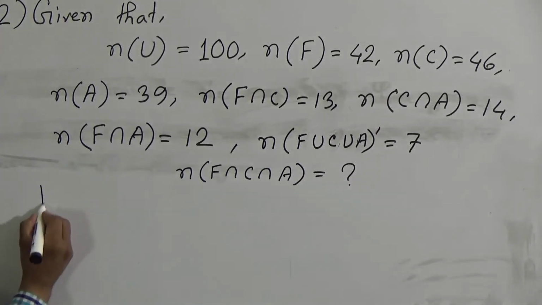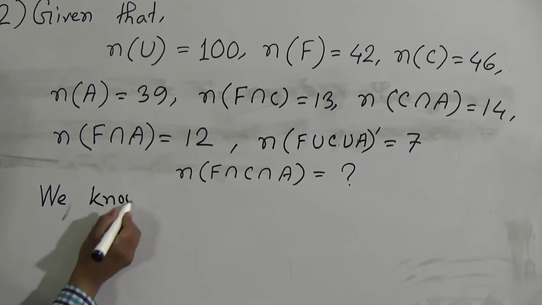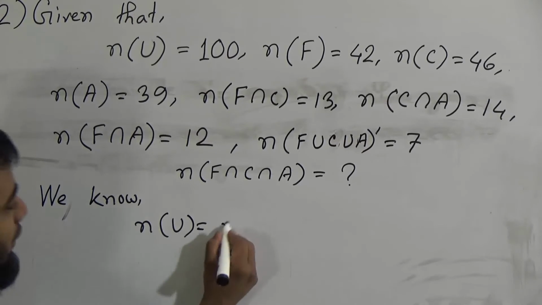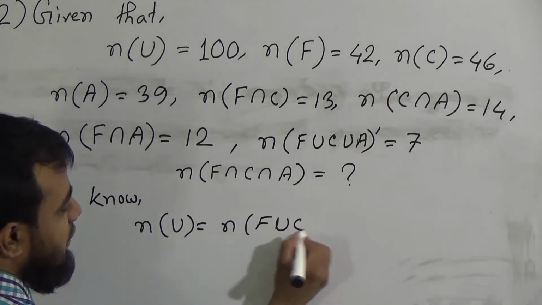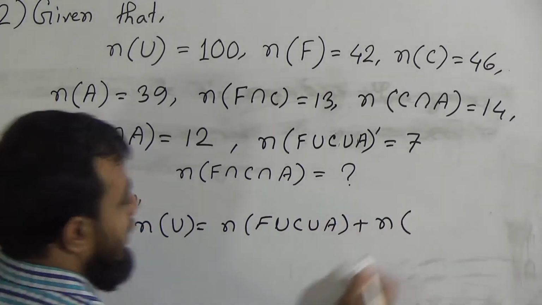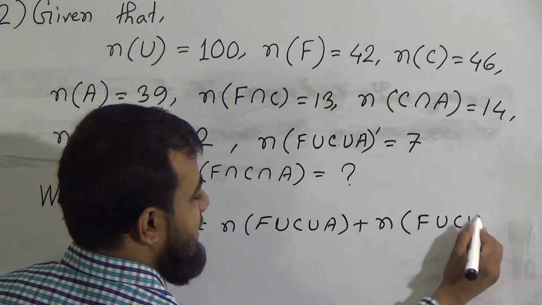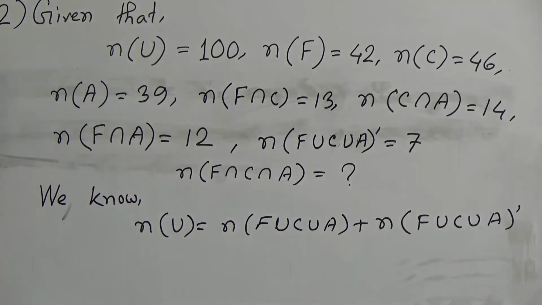Now we know, my dear students, the number of elements of U is equal to the number of elements of F union C union A plus the number of elements of the complementary set, that means F union C union A complement. Look at the figure again.